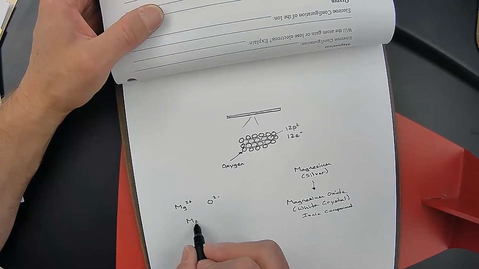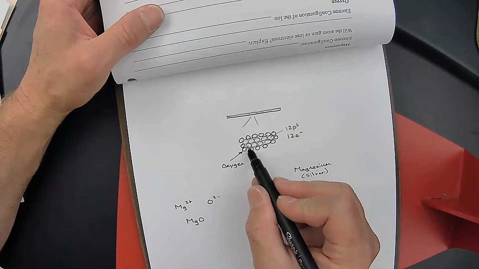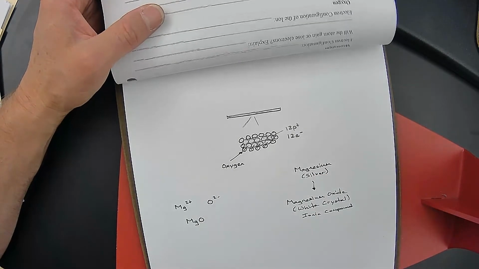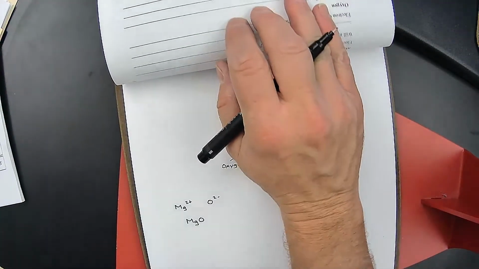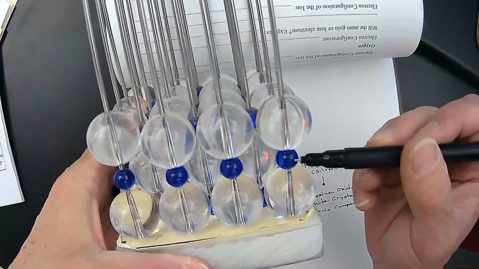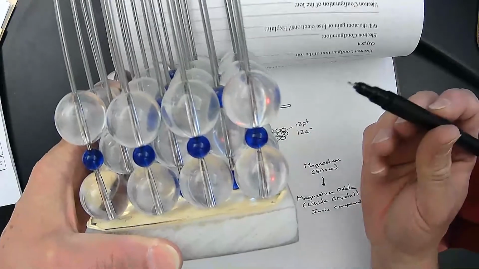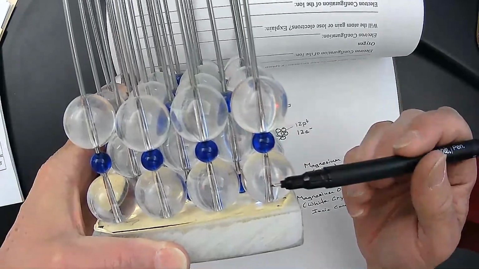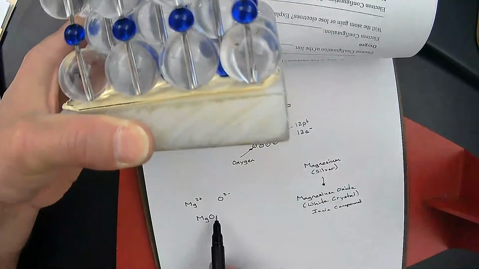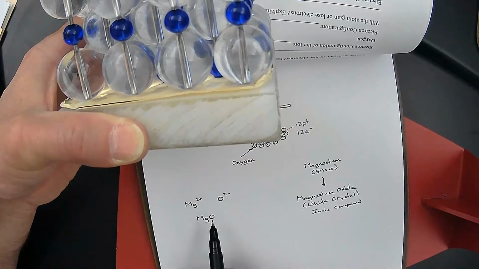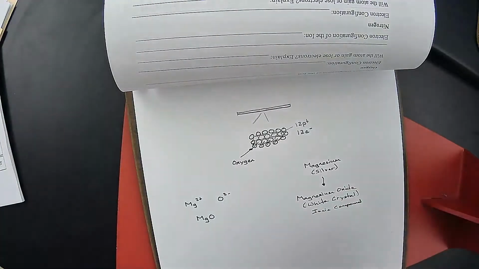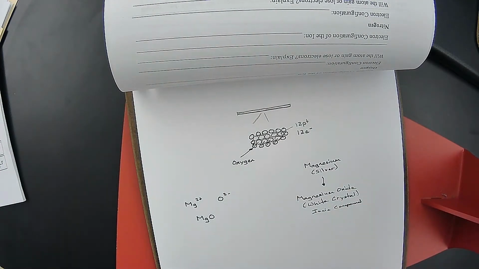So it just becomes 1 Mg for every single O. So they are connected, an Mg and an O, an Mg and an O, an Mg and an O. Unlike this ionic crystal, which has 2 ions per every other ion, so maybe this could be CaCl2, where Ca is in the middle, and 2 Cls, 1 Ca, 2 Cls, 1 Ca, 2 Cls. This is actually a 1-to-1 ratio. So it'd be the same crystal structure, but it'd be a 1-to-1 ratio instead of a 2-to-1 ratio.